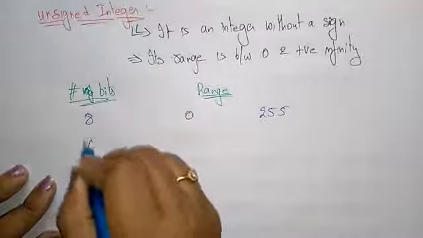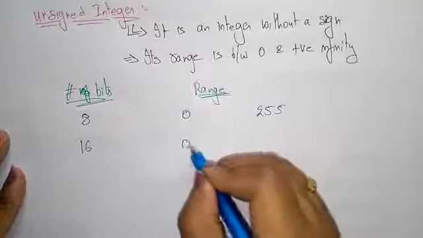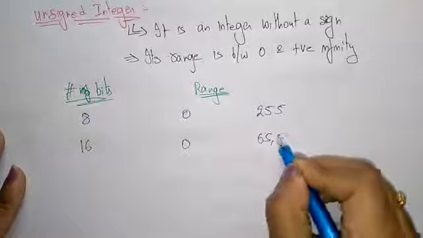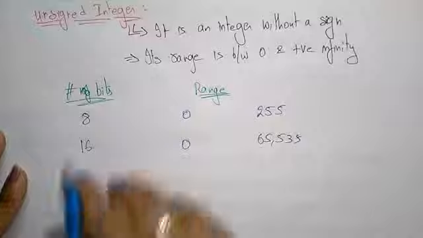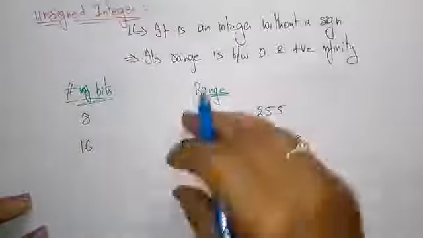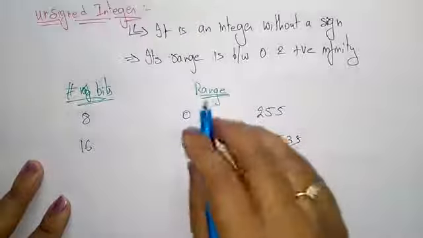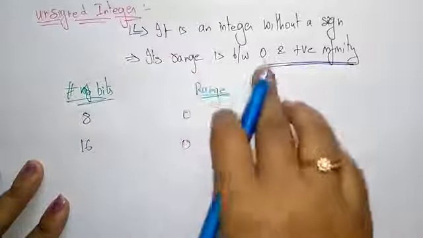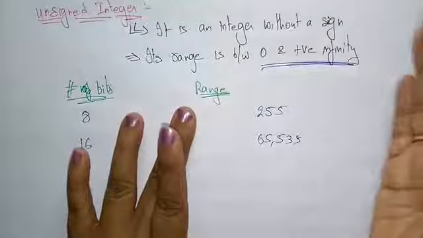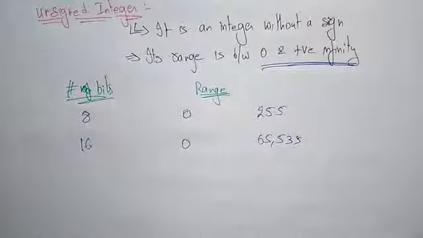Whereas if you take 16 bits, the range is from 0 to 65535. Like that you can increase 8, 16, 32, 64, and as you increase the number of bits, the range also increases. But remember that the range is always between 0 and positive numbers. It should not be negative. That you have to follow for unsigned integers.